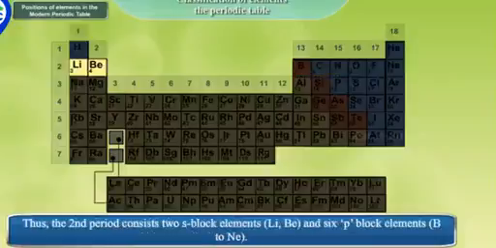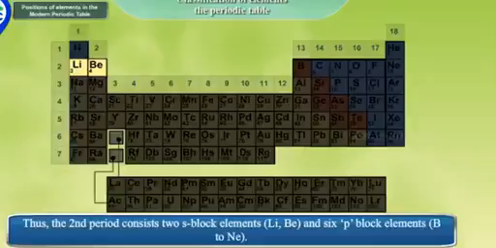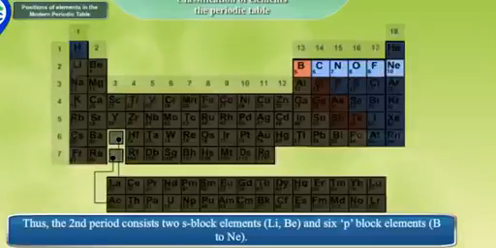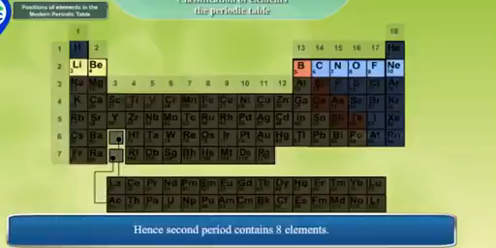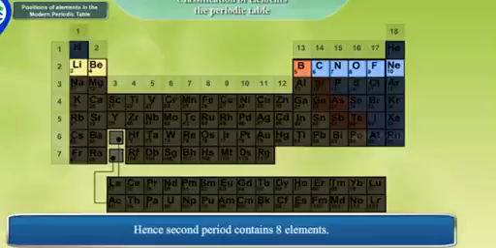Thus, the second period consists of 2 s-block elements, Li and Be, and 6 p-block elements, B to Ne. Hence, the second period contains 8 elements.